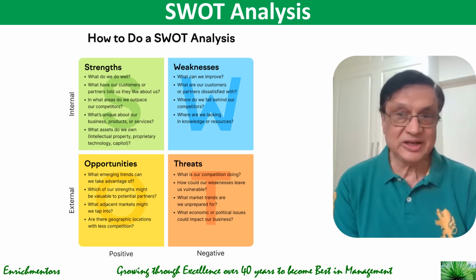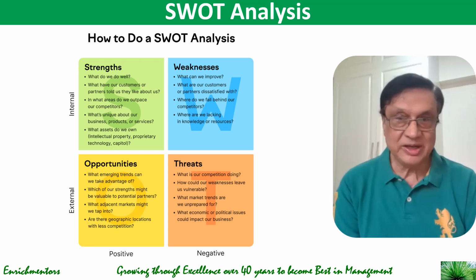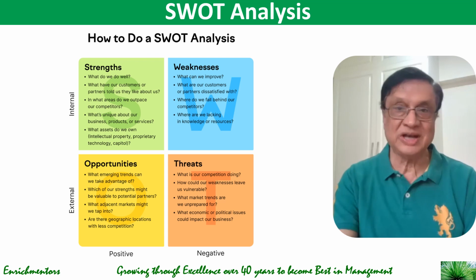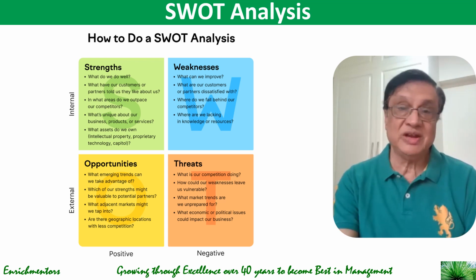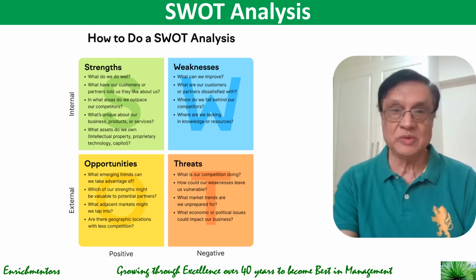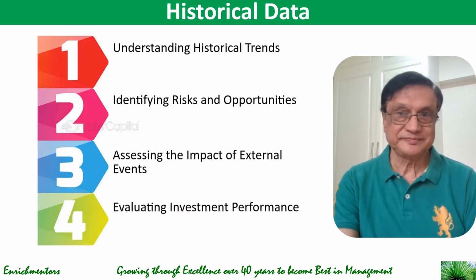So there are questions like what can be improved, what are customers or partners dissatisfied about, etc. Again, it'll be good to ask these questions in a group so that you get a lot of diverse views on what your strengths and weaknesses are, and then you come to a common perspective.